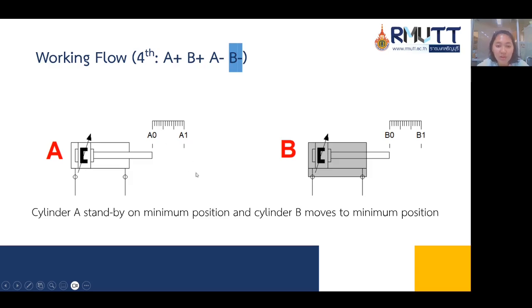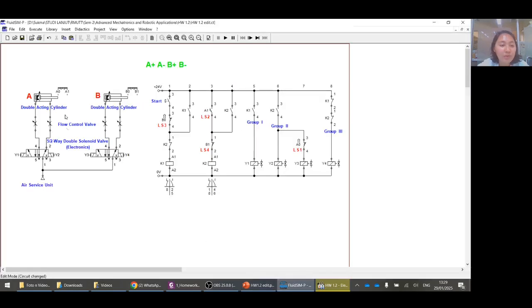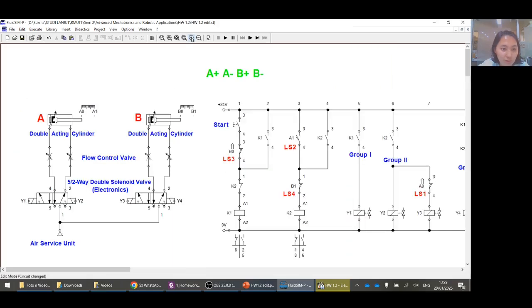And then I will show the simulation in FluidSIM. This is the electropneumatic circuit. This is the pneumatic and this is the electric circuit.